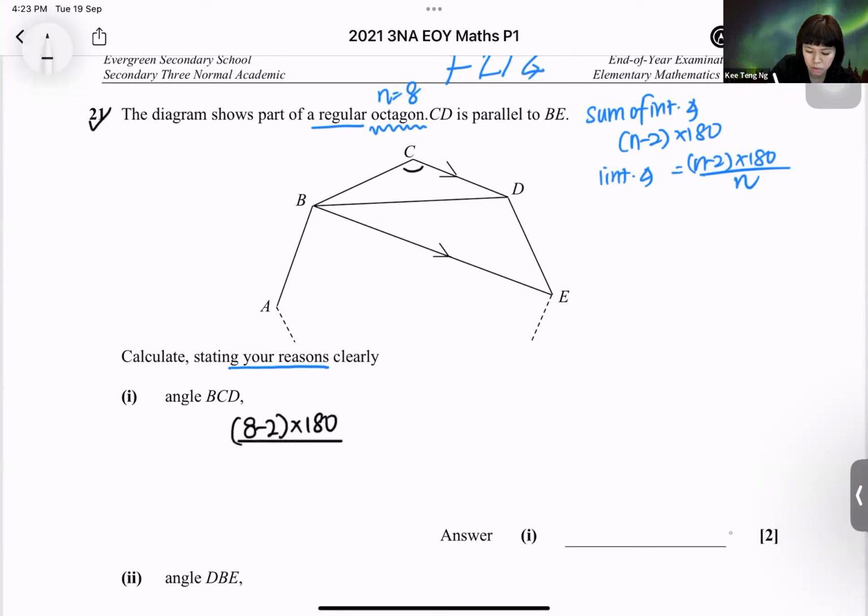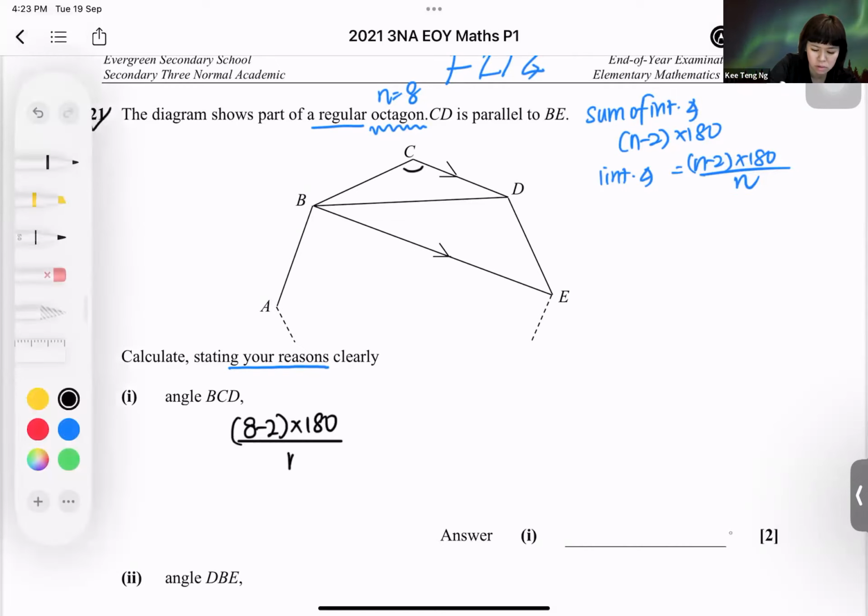So divide by 8. That gives me 135 degrees.